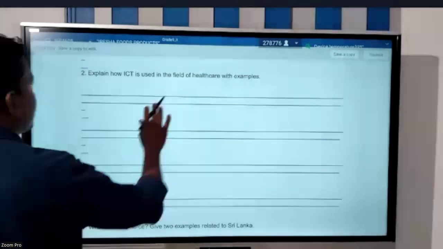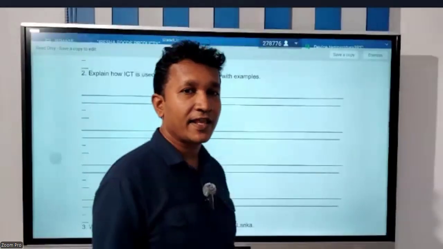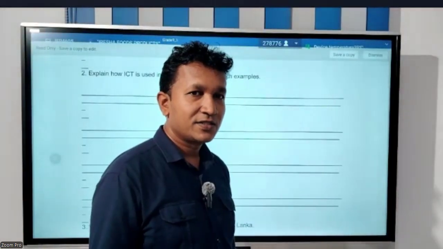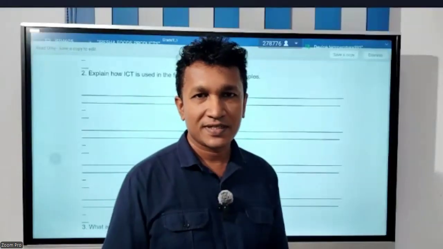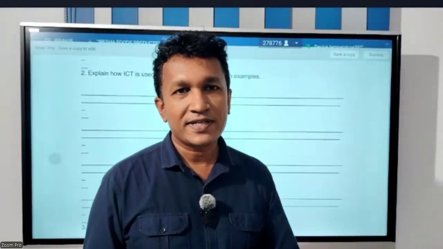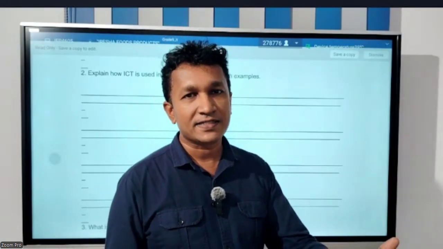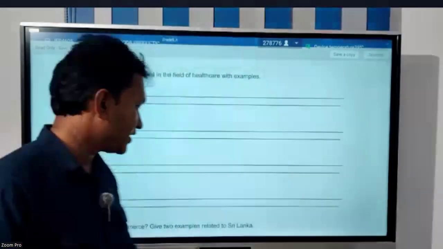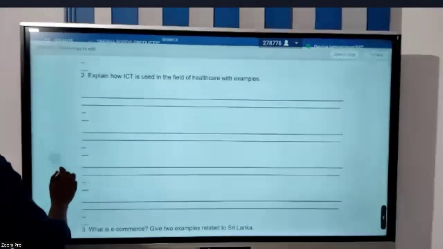One is by computer equipment, doctors can diagnose illness. Doctors can diagnose the illness.